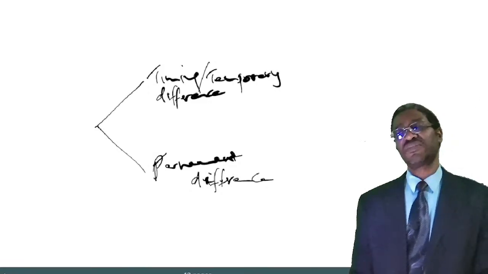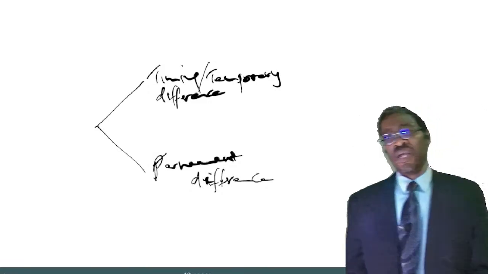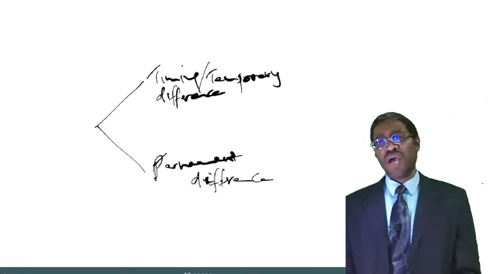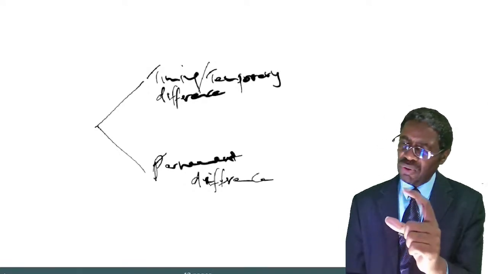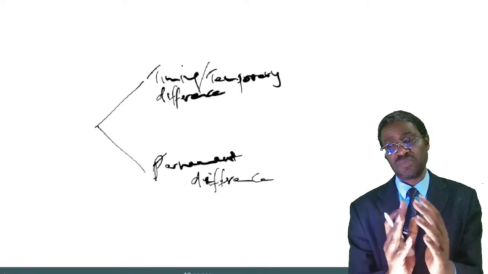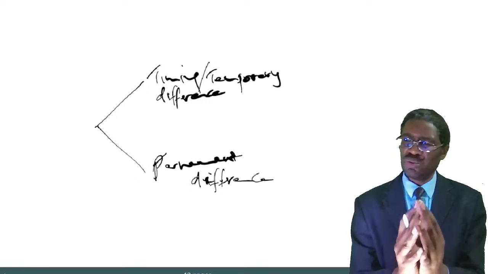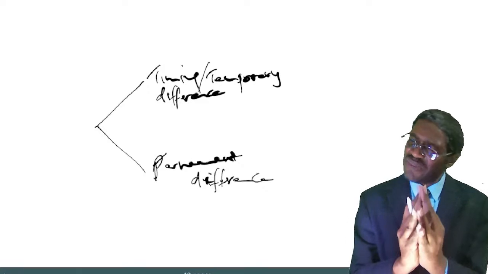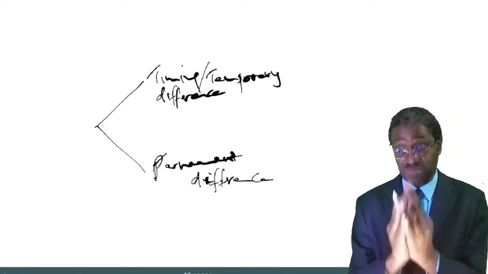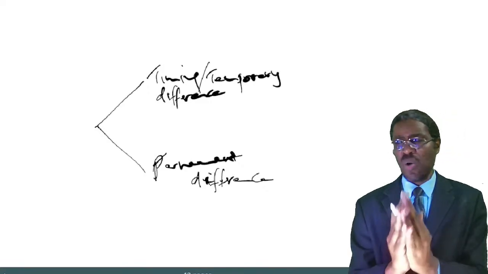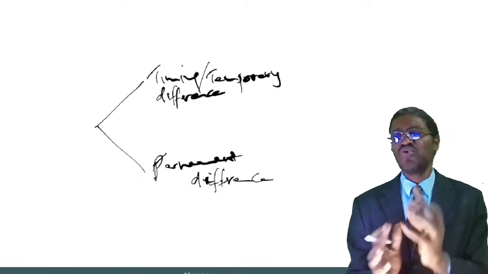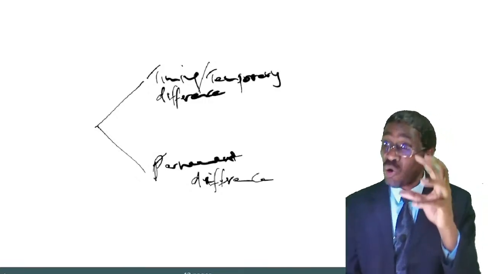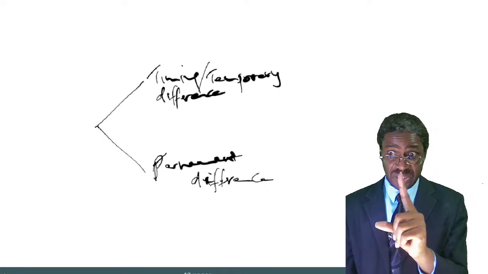Now, listen. I gave you an example of interest. And I told you, if for tax purposes, the taxman recognizes it on cash basis, while you as a businessman, you recognize it on accrual basis.